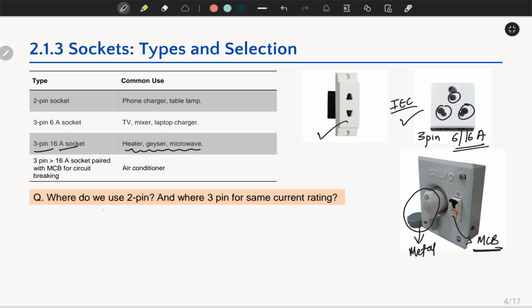Now one more question I have taken here: where do we use the 2-pin 6 ampere, and where do we use the 3-pin 6 ampere?